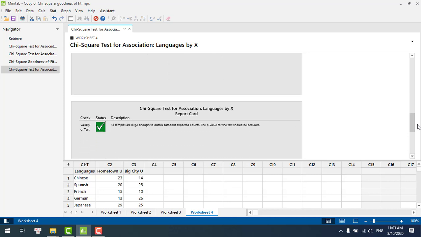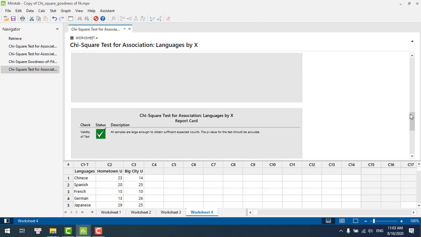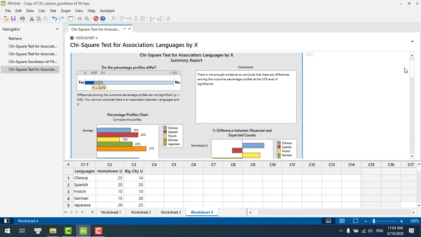And then our final report card says that all samples are large enough to obtain sufficient expected counts, so the p-value for the test should be accurate. So we conclude then that even though to the eye it looks like languages are distributed differently at the 2 universities, statistically there is no difference in the way the languages are distributed at the 2 universities.